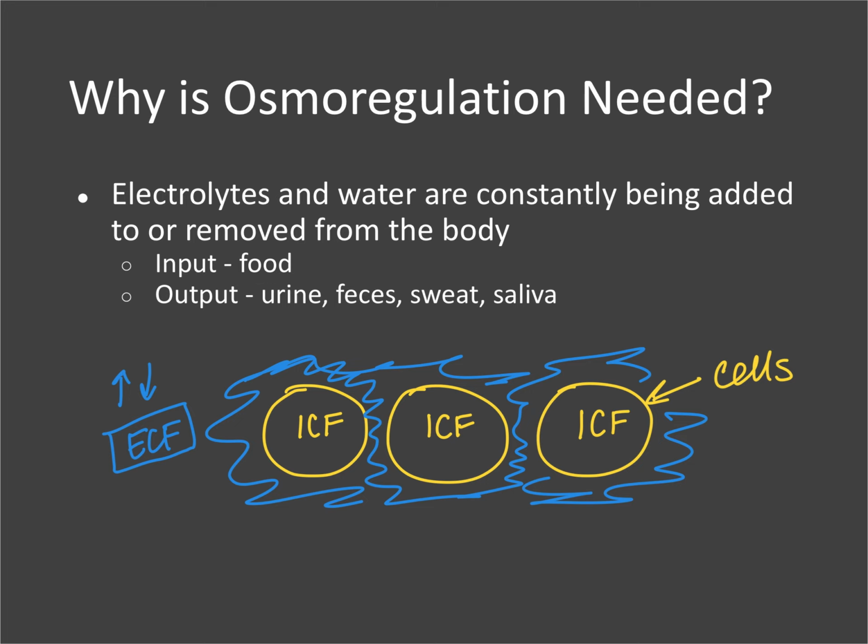And so, for example, in humans, the kidneys work to get rid of excess salt and or water or retain salt and water in order to maintain an isotonic extracellular fluid so that our cells can work properly. So we have to keep our cells happy so that they perform their functions. And to be happy, they need an isotonic environment to survive in.